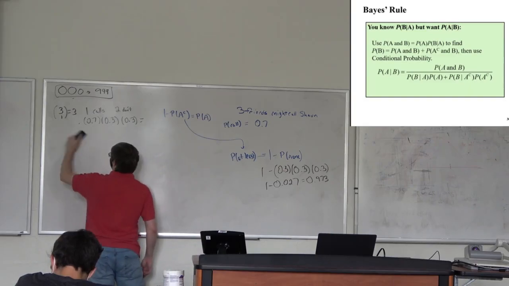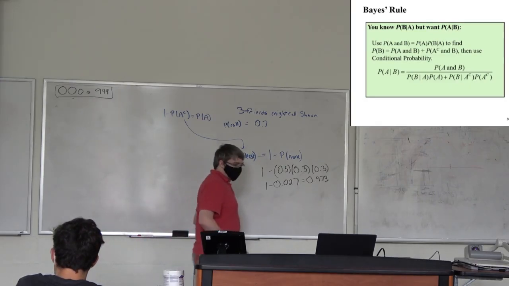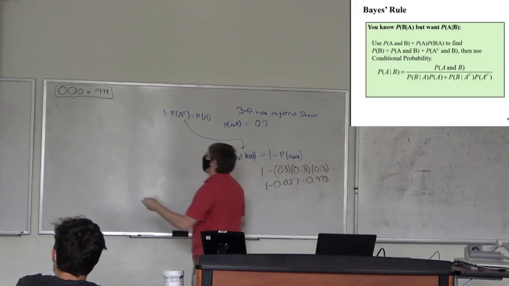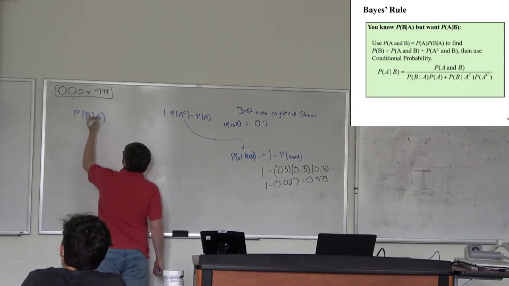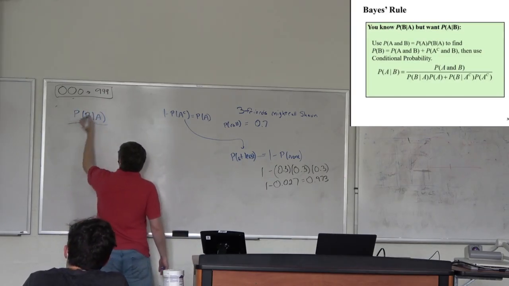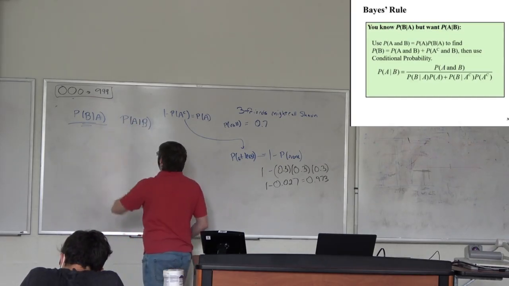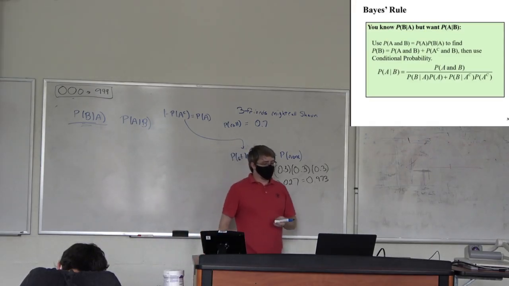We won't talk about the whole field of stats for today. We'll just talk about the rule. And so it's used in the case that you want this, but you only have this quantity over here. You only know what happens if you know B, and then what the probability of A is.